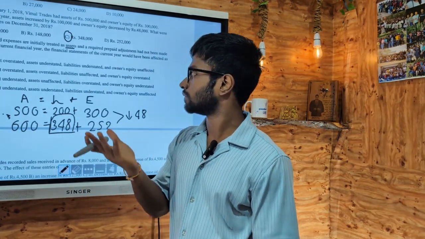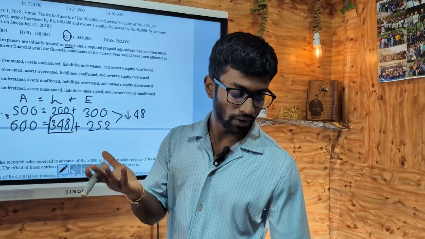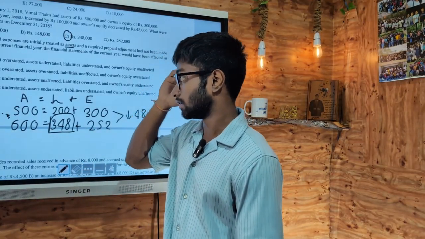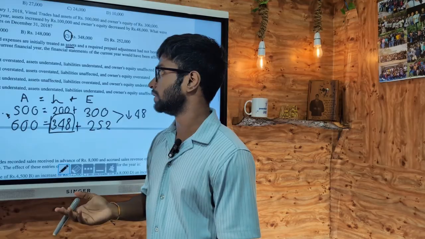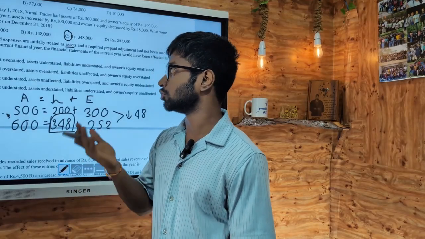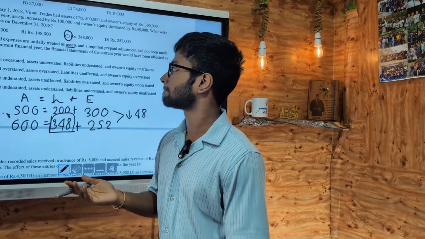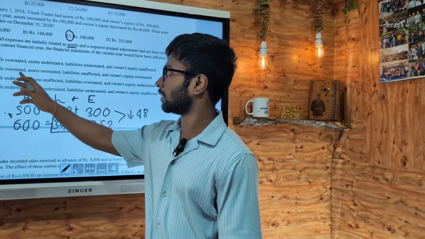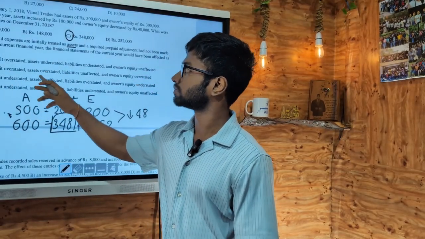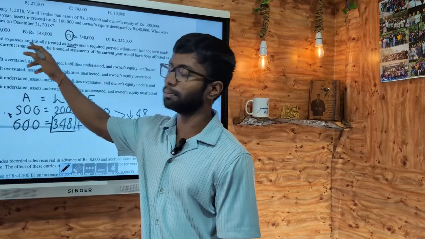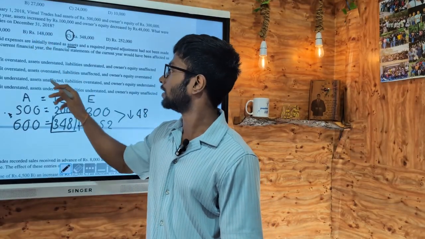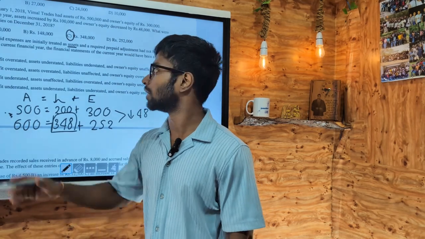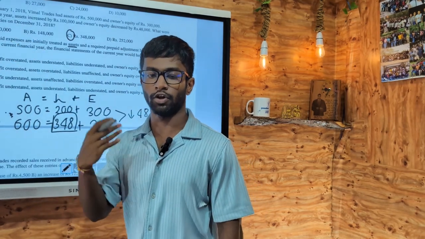Then what we have done is, we have included more, and we have overstated our assets, no? Because we are including more as an asset. And also, liabilities don't have an effect, because when you do a prepayment, you are doing it for the future.